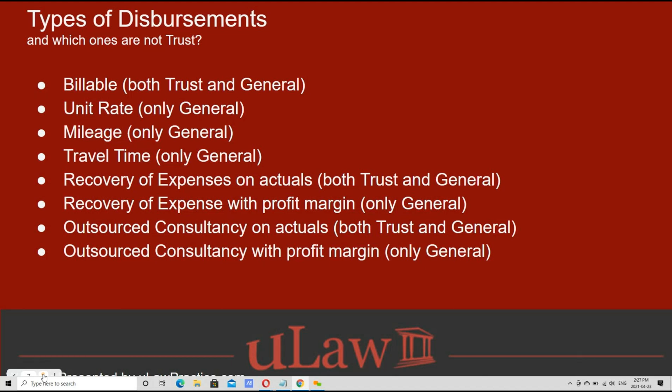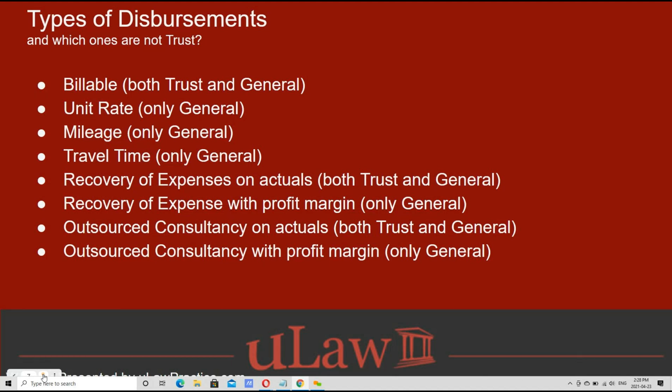We talked about the ability for you as a legal firm to disburse, which are really expenses that you incur on behalf of a client and a client matter, the different ways in which you can actually disburse, both from your trust account if you have a retainer involved, or from your general account with or without a retainer involved.